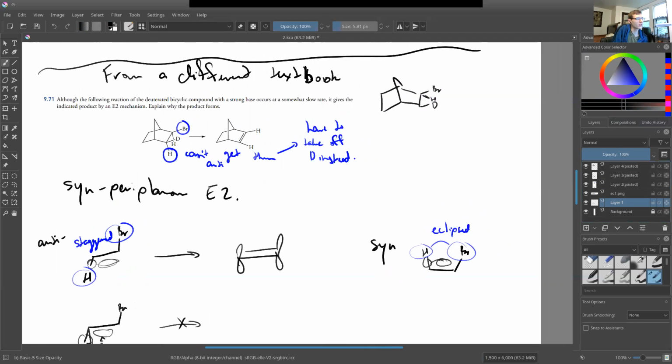If you were to try to draw this so that this hydrogen and the bromine were opposite, you would have to put the bromine and then this hydrogen sticking down.